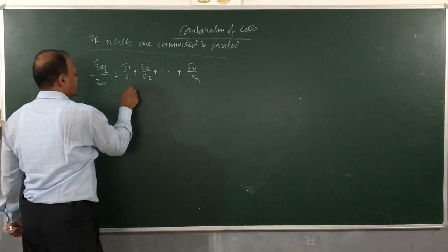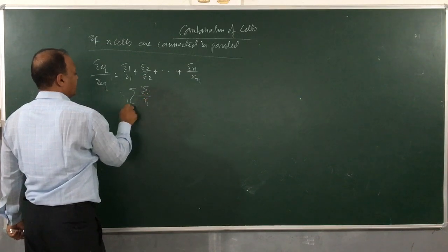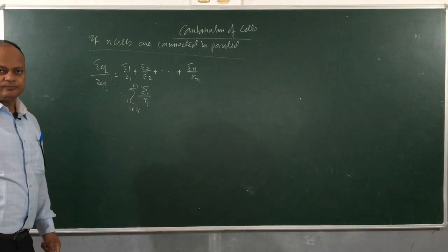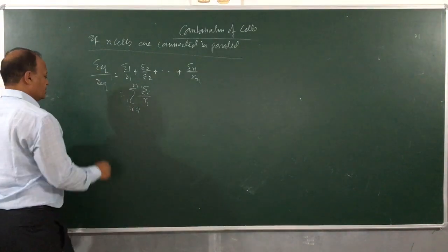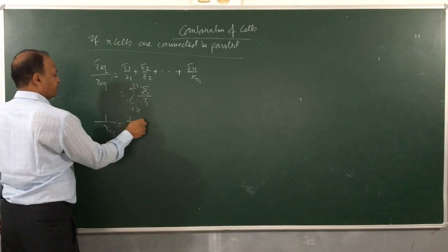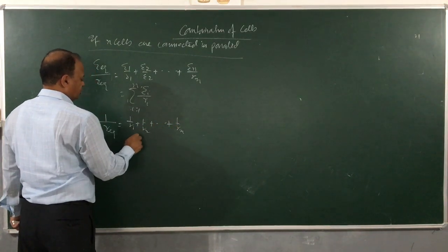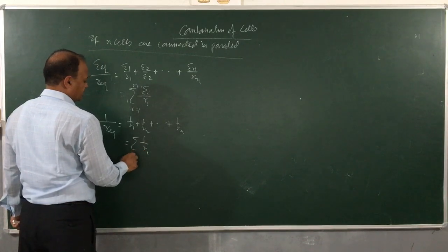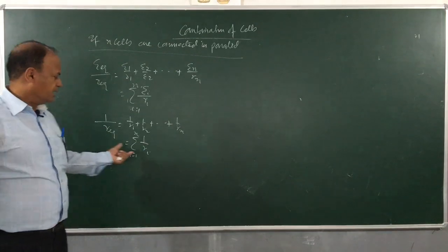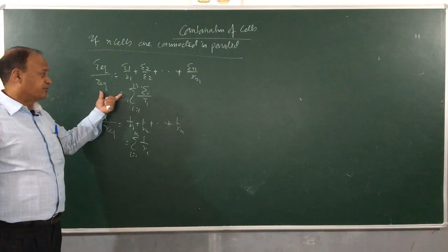So you can write this as sigma Ei by Ri, i from 1 to n. Clear? And 1 by R equivalent will be 1 by R1 plus 1 by R2 up to 1 by Rn. So sigma 1 by Ri, i from 1 to n. We can simplify numerically and take the reciprocal to get the equivalent internal resistance. This is an important expression.